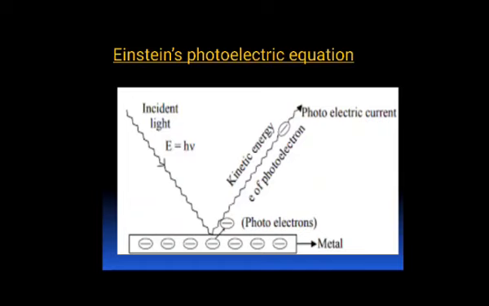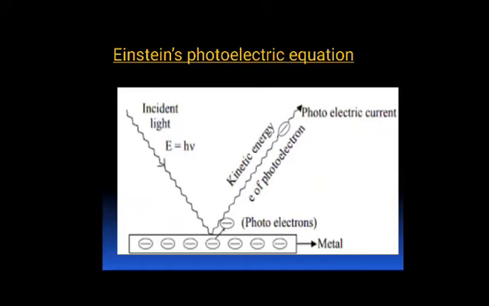When a photon falls on a metal surface, the electron completely absorbs the photon energy. This energy is used for two purposes. Part of the energy is used to just emit the electron from the metal surface.